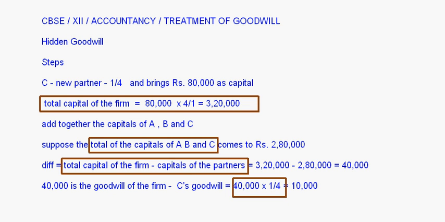Now I'm going to take up one example. G and M are partners in a firm sharing profits as 5:3.